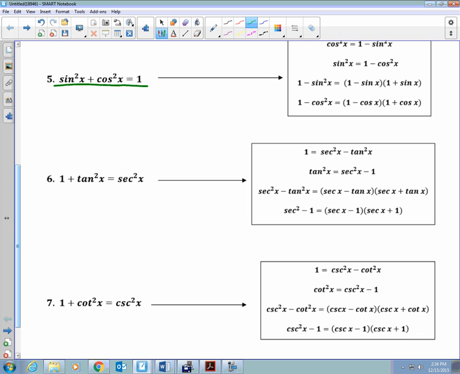Have you learned that sine squared plus cosine squared is 1? Yes. Watch what I can do with this formula. If I subtract a cosine squared of x from both sides, I end up with a new formula. What is it? Sine squared of x is equal to 1 minus cosine squared of x.